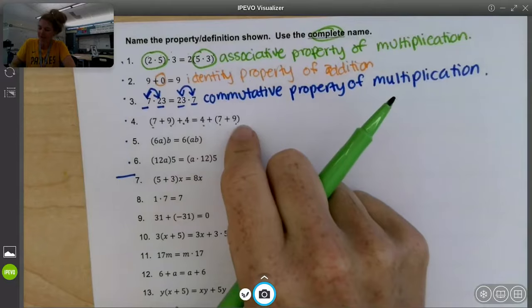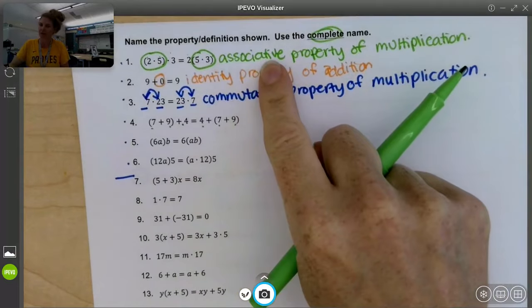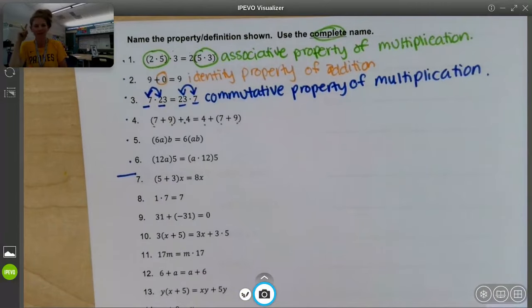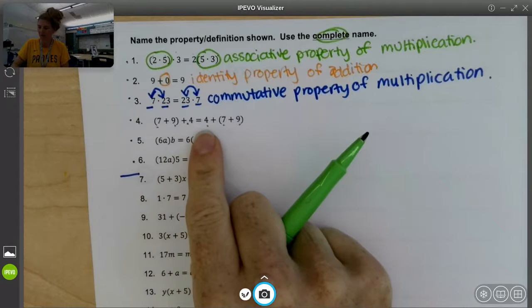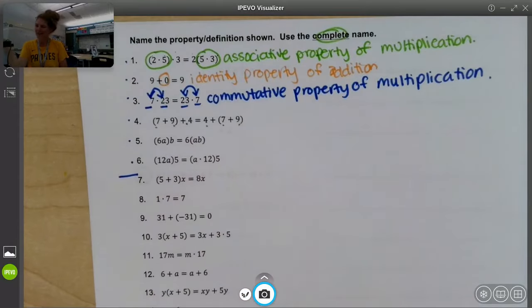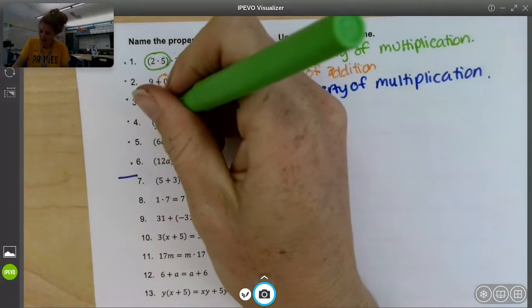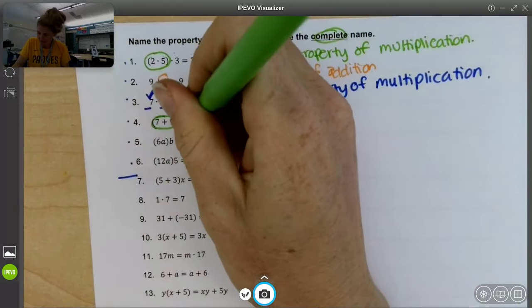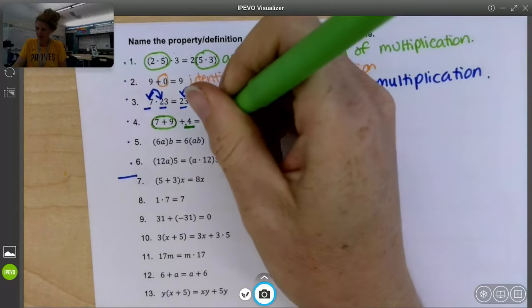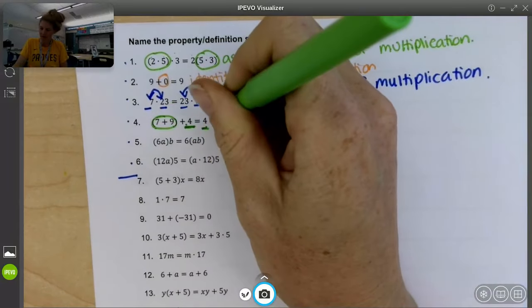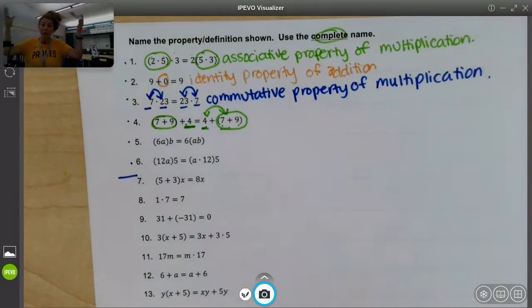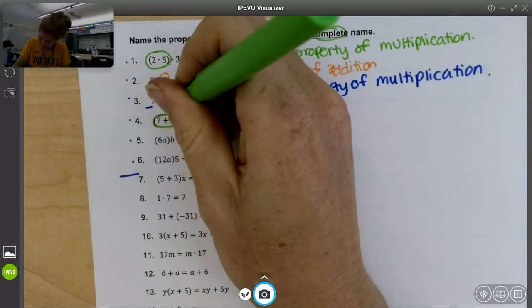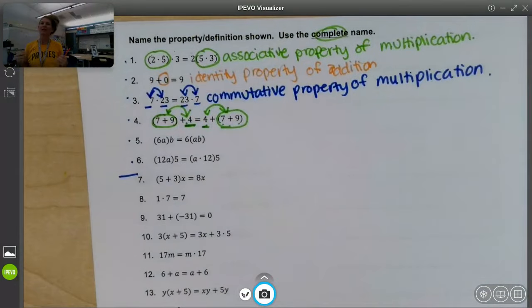794, 479. I see these parentheses, so I automatically want to think associative property of multiplication, but the first thing I checked was if the order moved. So I see 794, 479. The order moved. So what happened here? I have 7 and 9 and this 4, and this 4 and the 7 and the 9. So the 4 switched place with the whole group of 7 plus 9. So really the numbers are moving.